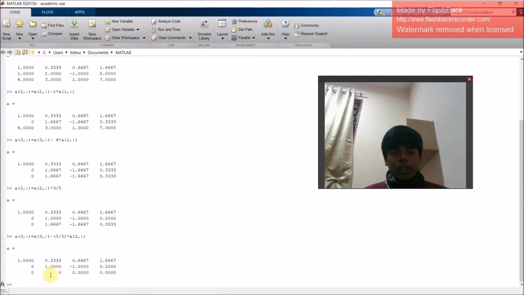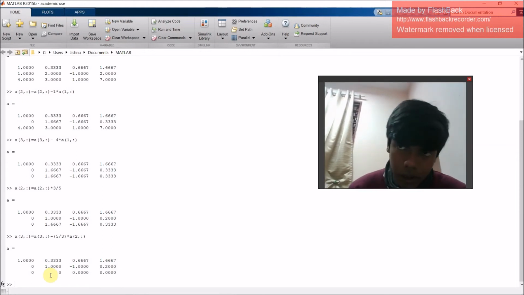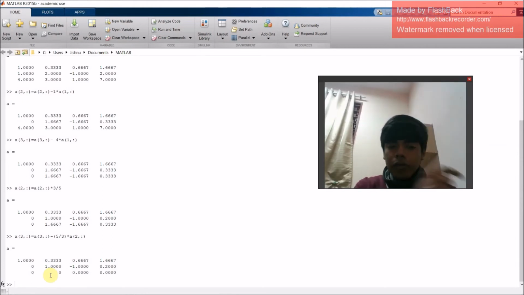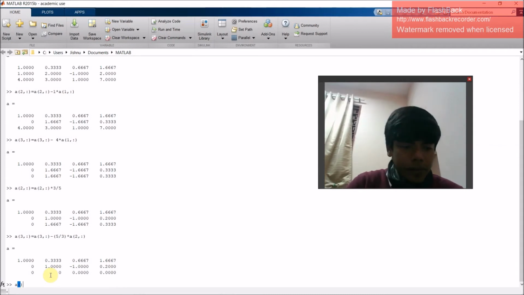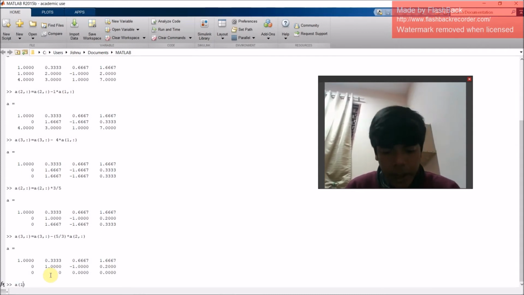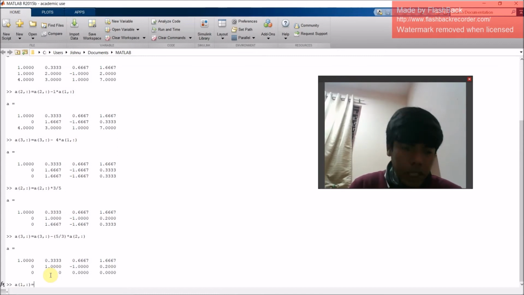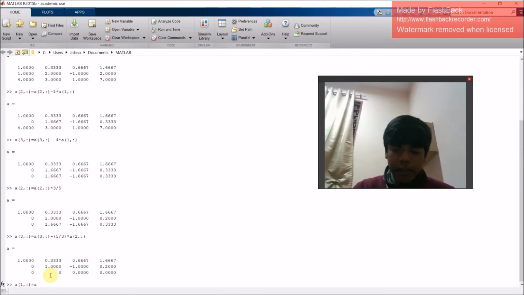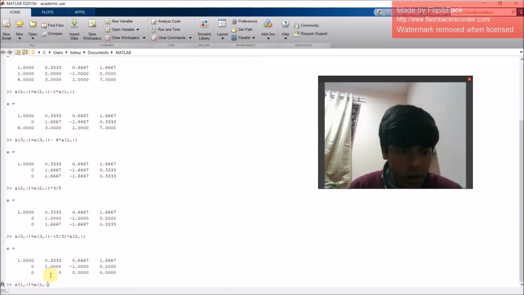Now what we do is we subtract the second row multiplied by 1 by 3 from the first row. So let's do that. A 1 comma colon is equal to A, same thing, minus A 2 comma colon multiplied by 1 by 3.